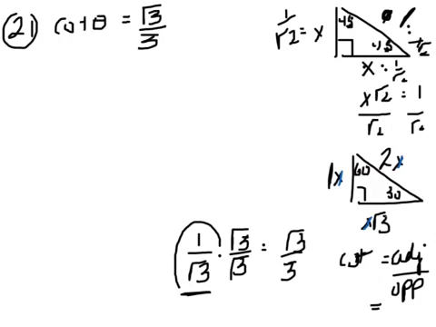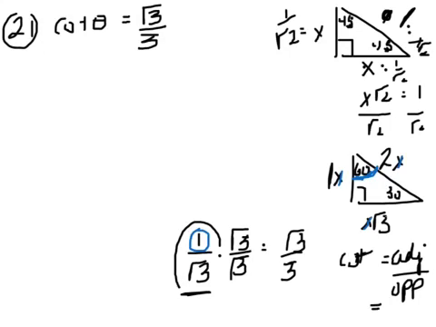Because of similar triangles, you could just look at the numbers and get your values for your trig function here. What would have an adjacent side of 1, because adjacent is on top of the fraction? That would have to be the 60 degrees, wouldn't it? 60 has an adjacent side of 1.